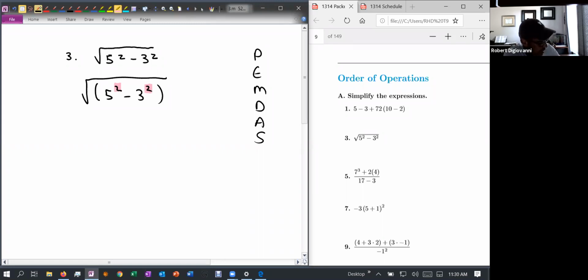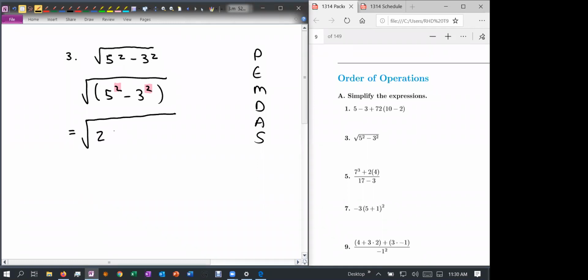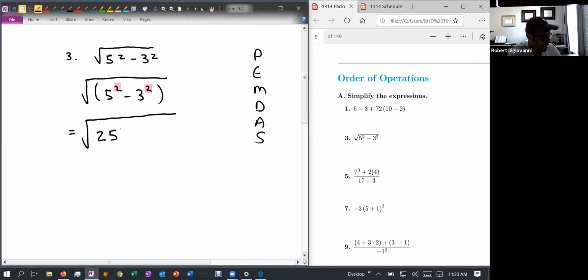So let's see what our next line would look like. If we squared those simultaneously, what's 5 squared? 25. Okay, now I'm curious here. That minus 3 squared, what is that going to turn out to be? Are you doing -3 times -3 there?